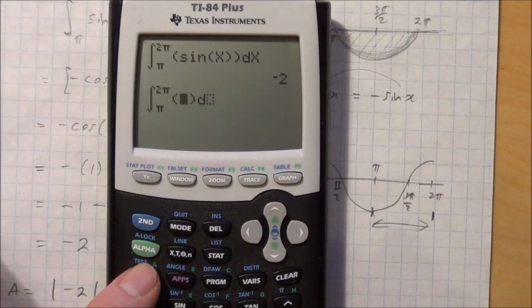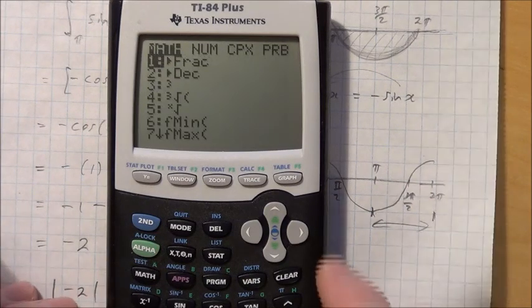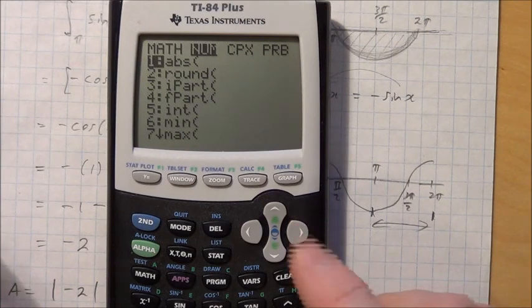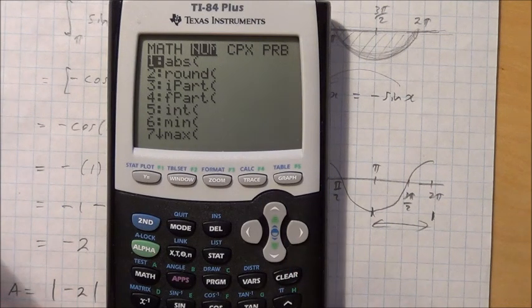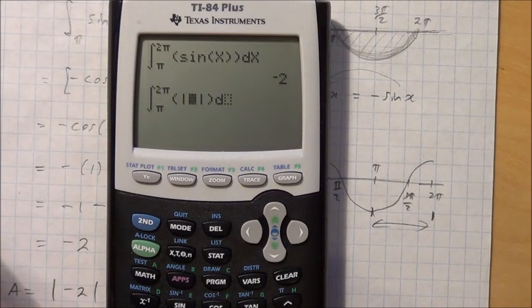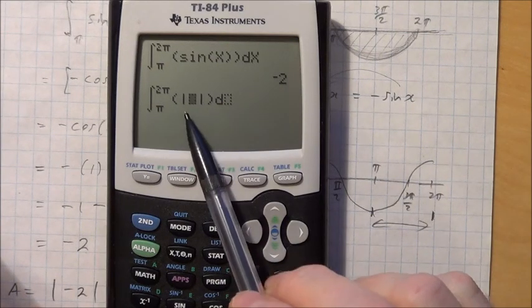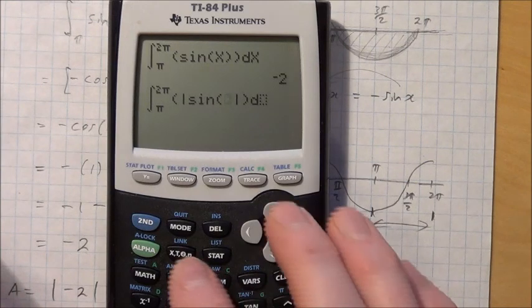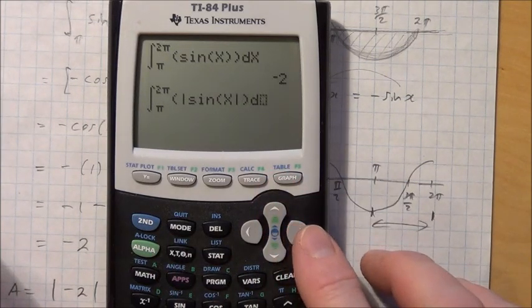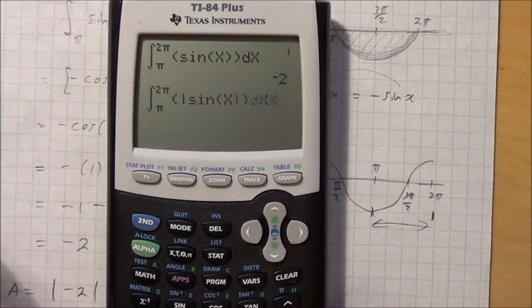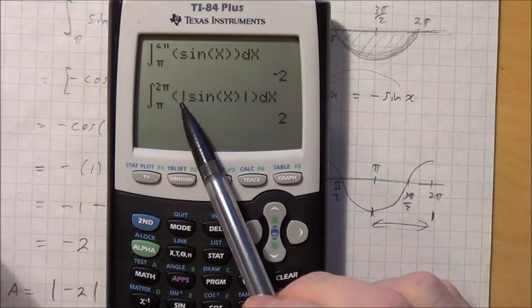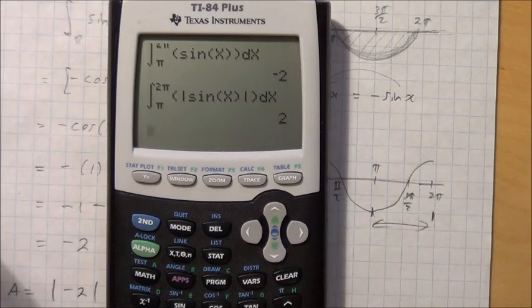So we press Math and go over to num, number, and the very first choice is abs, which is absolute value. So you enter that, and now we see that we have the absolute value brackets around there. Then we put in sine x with respect to x, press enter, and there we get +2. So we've taken the absolute value before we take the integral.